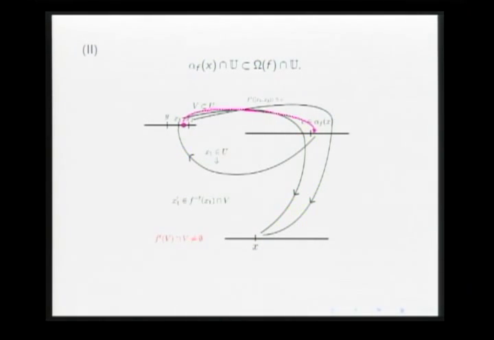You have one point here, this pink point, that will come to this place. So you have this construction, and it shows that you took V, and it comes back to V. Okay, so this is inside the omega set, as we wanted to prove.